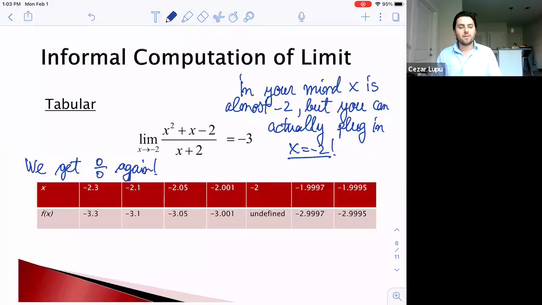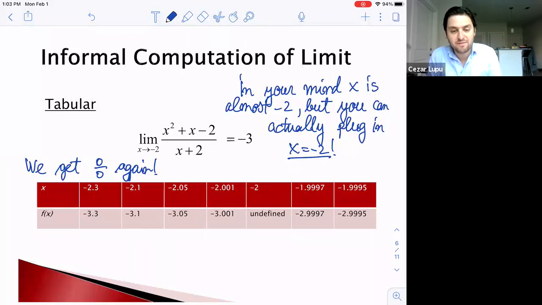Look, you see, I want to plug in values which are in a neighborhood of -2, very close to -2, coming from both left and right. So if I look from the left, if I take, for example, x equals -2.3, then f of x will be -3.3. And if I take x to be -2.1, then f of x will be something like -3.1.